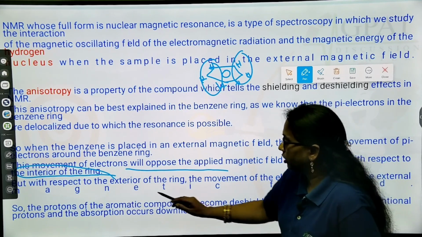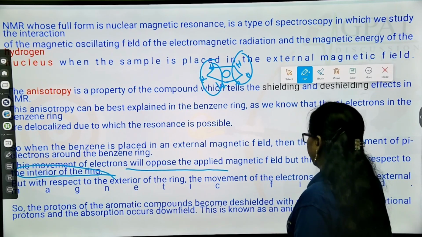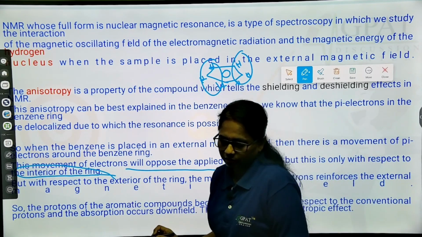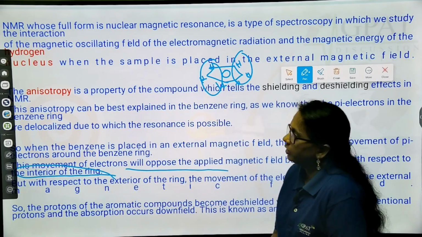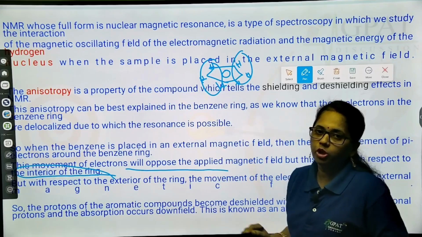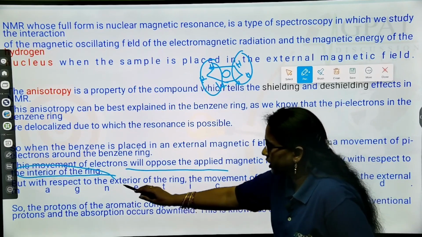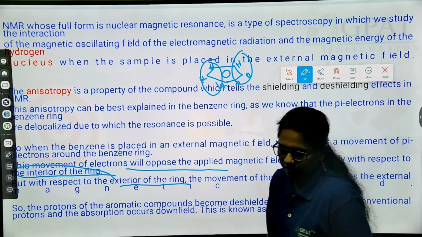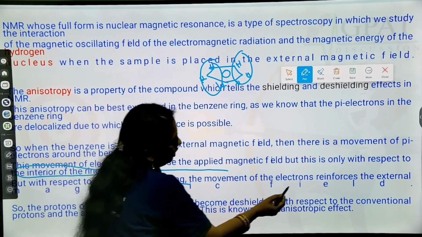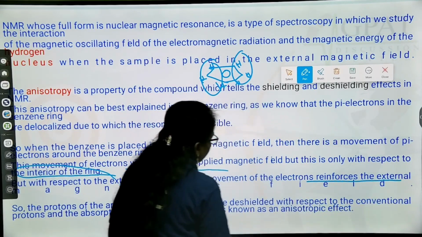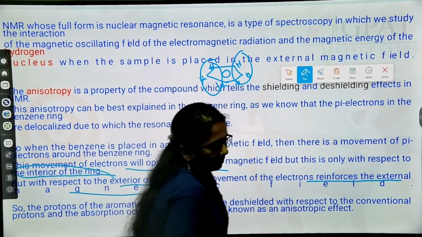With respect to the exterior of the ring, the outside environment, the movement of the electrons reinforces the external magnetic field.